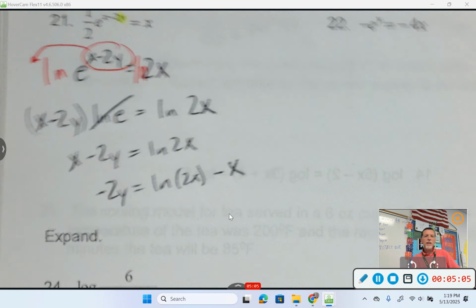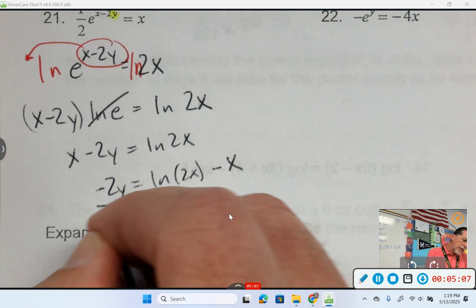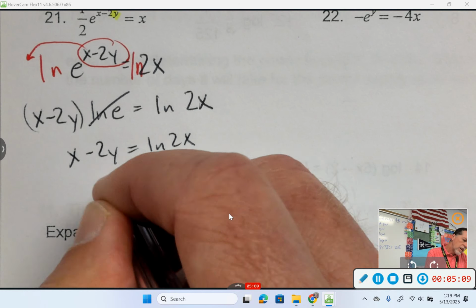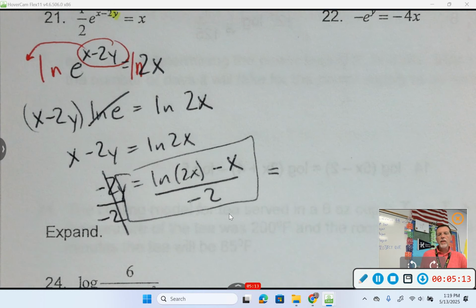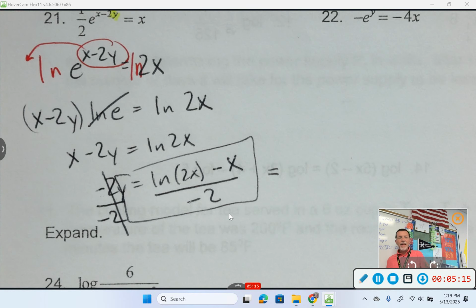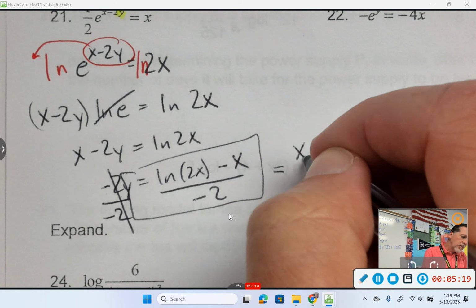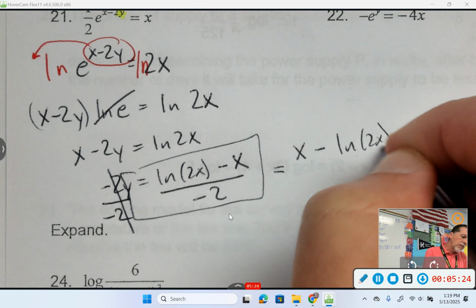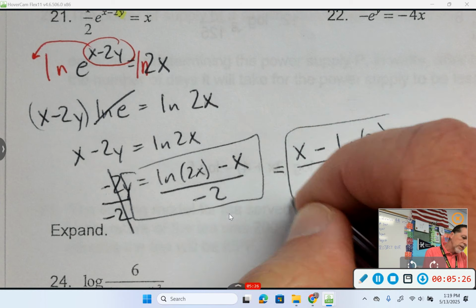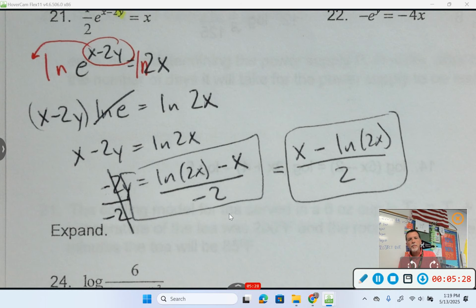So subtract the x, then divide by -2, and there's my answer. And that -2 in the bottom, that negative could be used to change all the signs around. So if you wanted to be fancy, you could write that as x minus natural log of 2x over 2. That'd be the same thing.